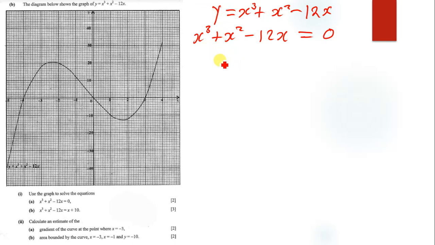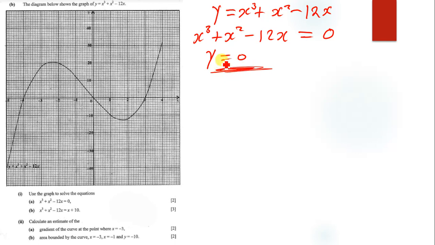If they put a 0 this side, it means that the value of y is equal to 0. So in other words, they're asking you to find the x values at the point where y is equal to 0.